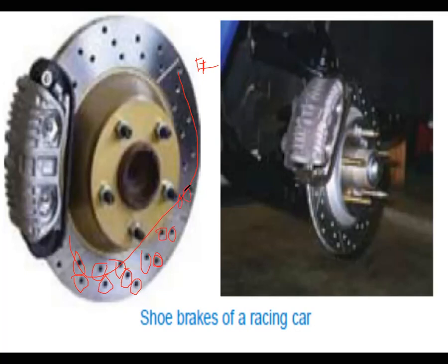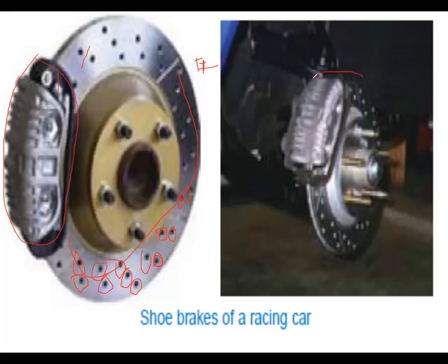So in order to reduce the heat, the holes are provided, so that the heat can be distributed at a large rate. This saves both the wheel material and the shoe brake material. This is one way of arranging a shoe brake.